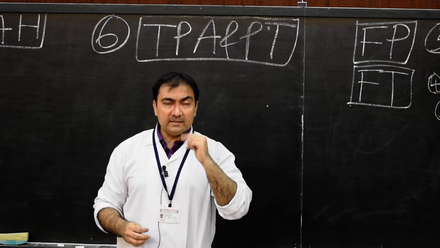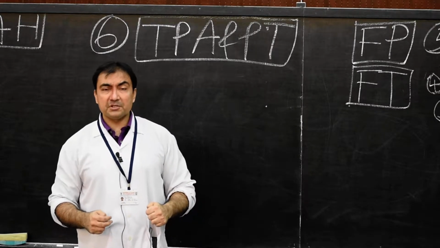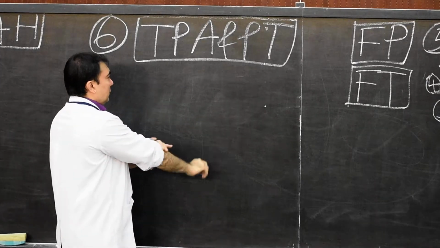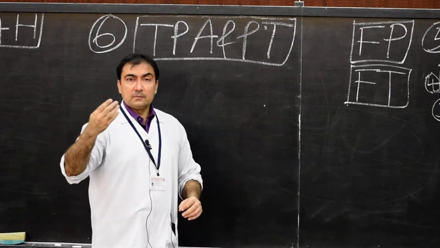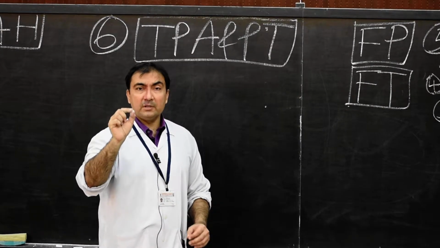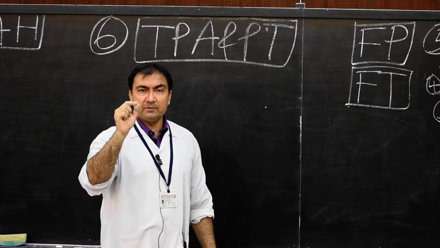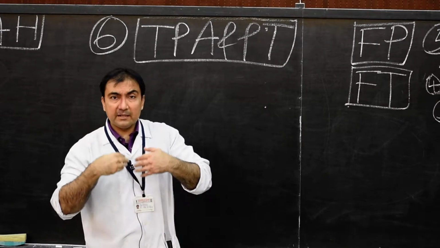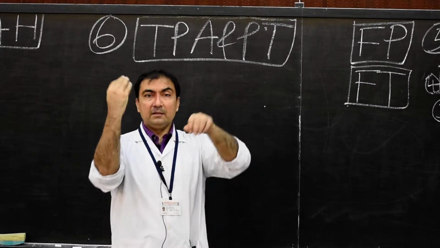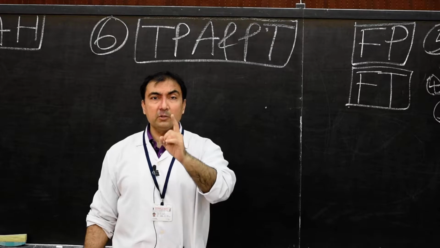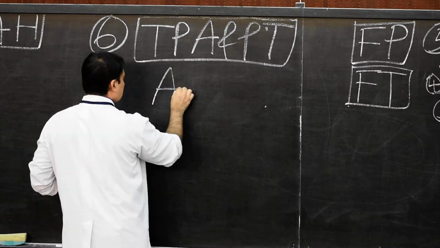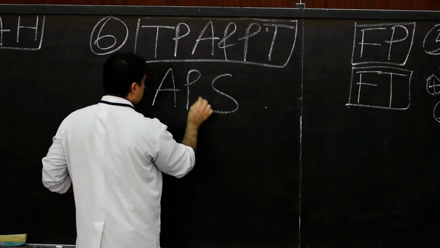And why does this transposition develop? Very important now. I have discussed with you in the previous segments the development of aortic and pulmonary valves, in which I have discussed the truncus arteriosus segment also. And in the truncus arteriosus we have seen the spiral anticlockwise rotation of the aortopulmonary septum.